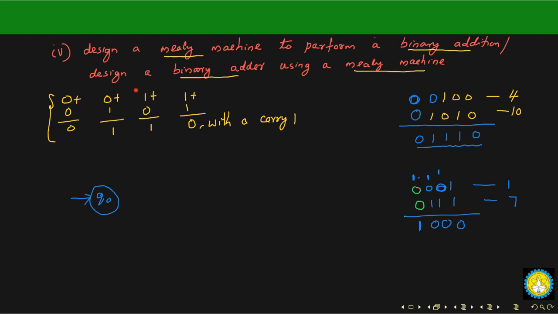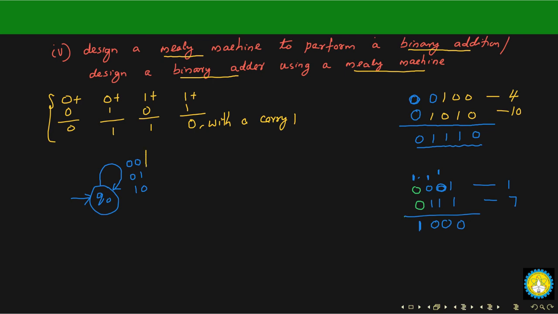I'm going to write these three cases, where I don't have a carry. Okay, so let me write the transitions. My inputs can be 0, 0, 0, 1, and 1, 0. Let me first write the inputs and then I will write the outputs.